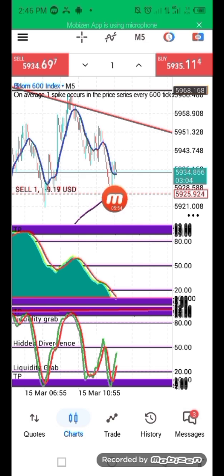But since I'm not scalping, I intend to stay in the market for a very long time. This entry is not bad. These spikes cannot take out my SL. This SL is unbreakable based on this strategy.